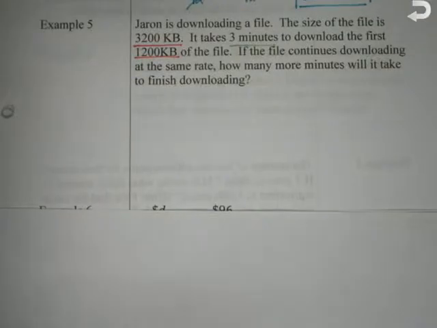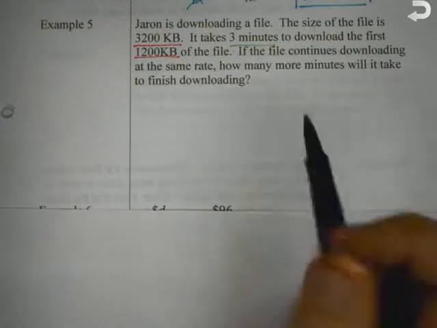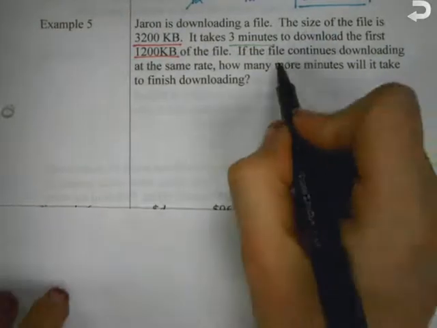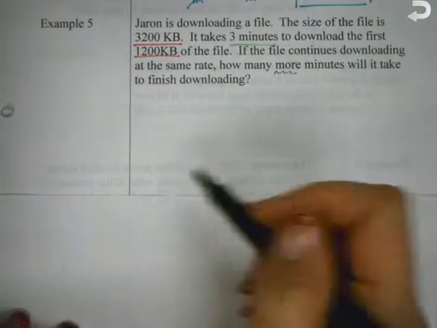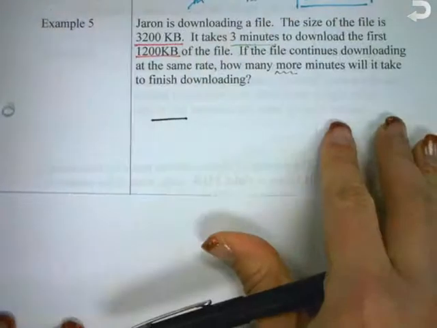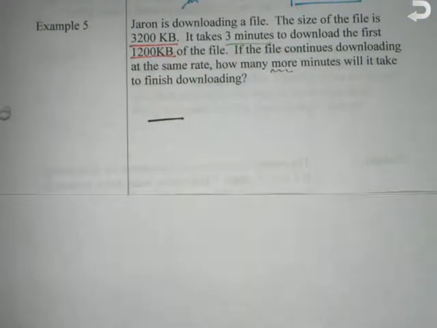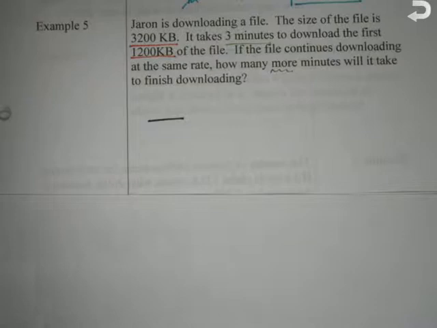So we first have to set up a ratio for the rate that it's currently going. So any ideas? What's going to go on top? What do you guys want to put on top? The kilobytes or the minutes? Kilobytes? Okay, let's do kilobytes for the top.